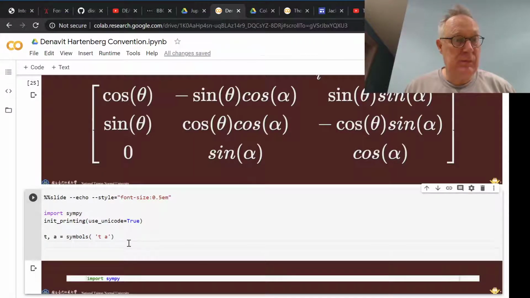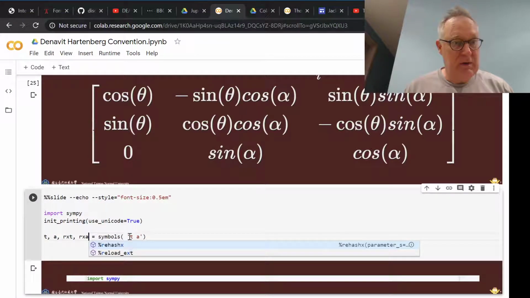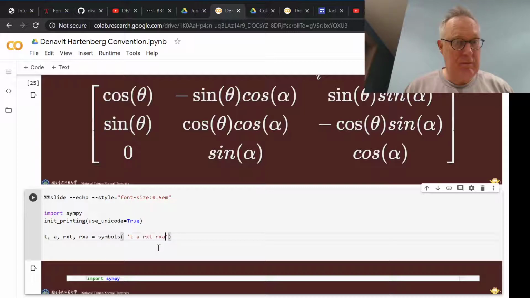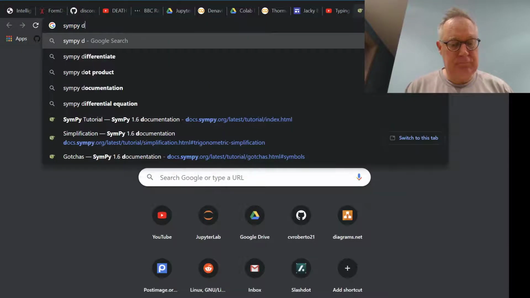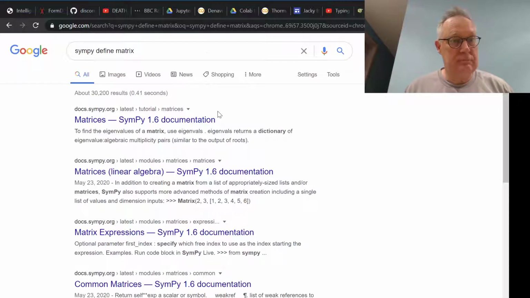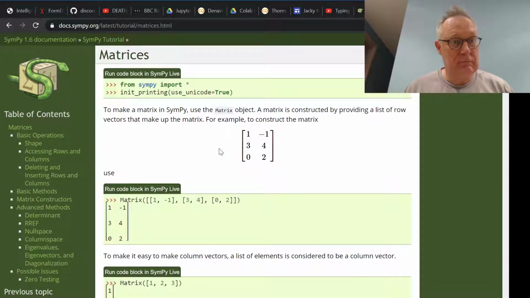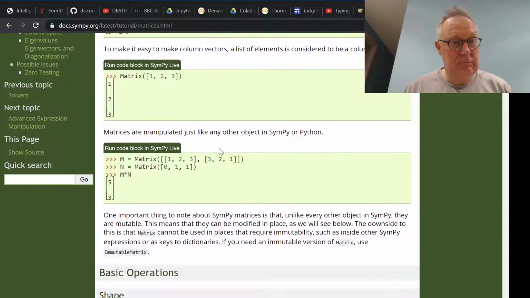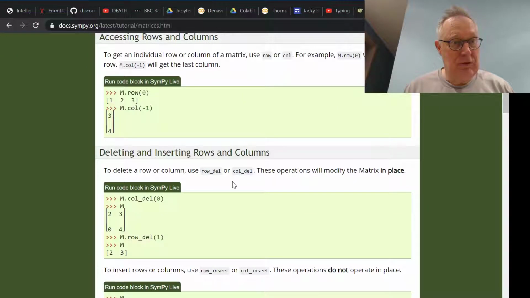Okay. Rx theta and Rx alpha. I think it goes like this.